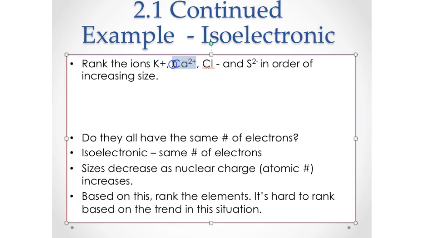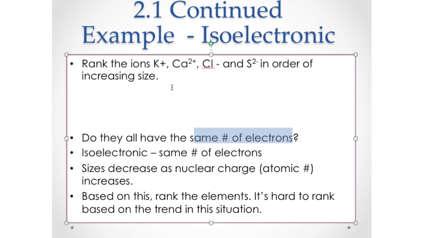This guy also shrinks, but by a magnitude of almost double because you're losing 2 electrons here. And here it's increasing, and here it's increasing by even more because it's gaining 2 electrons. So we can't really estimate the size and rank them, but they all have something in common. And this thing they have in common is that they all have the same number of electrons.